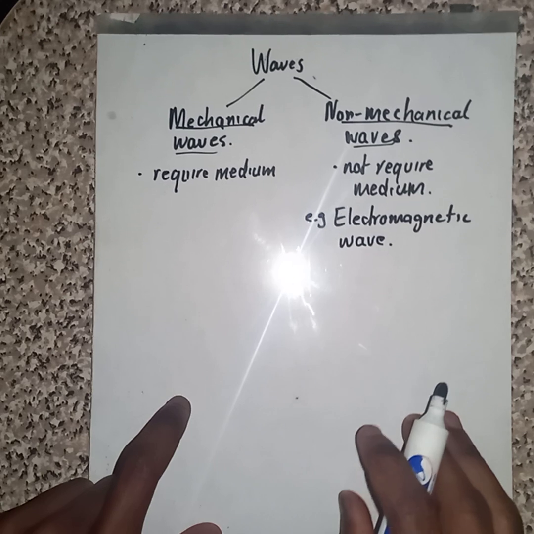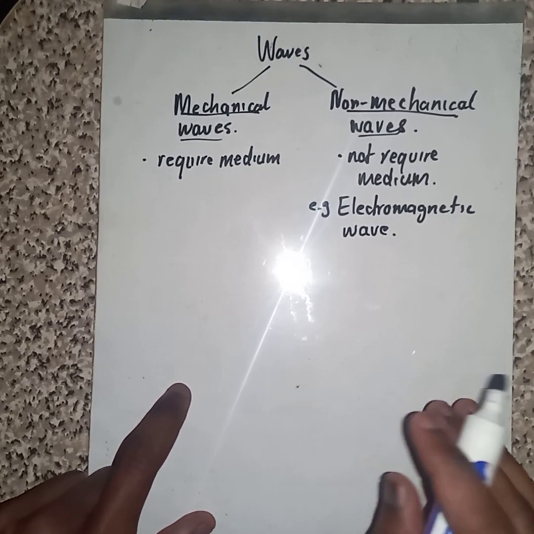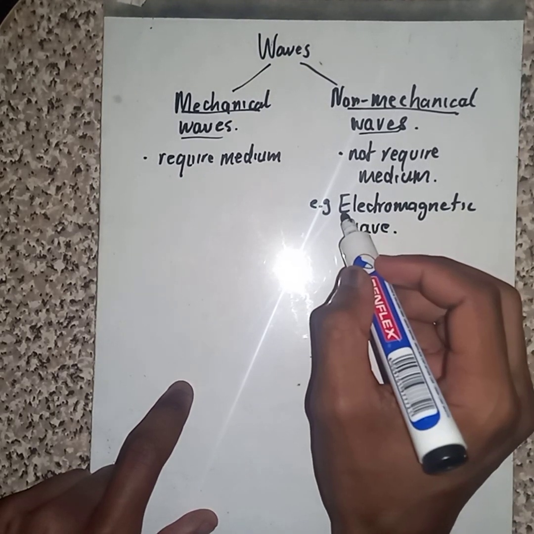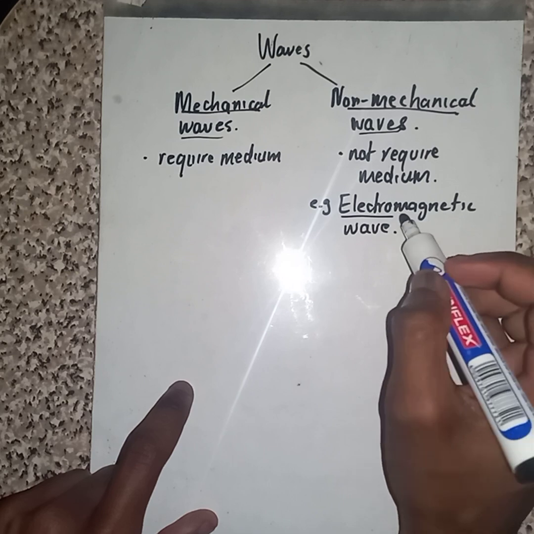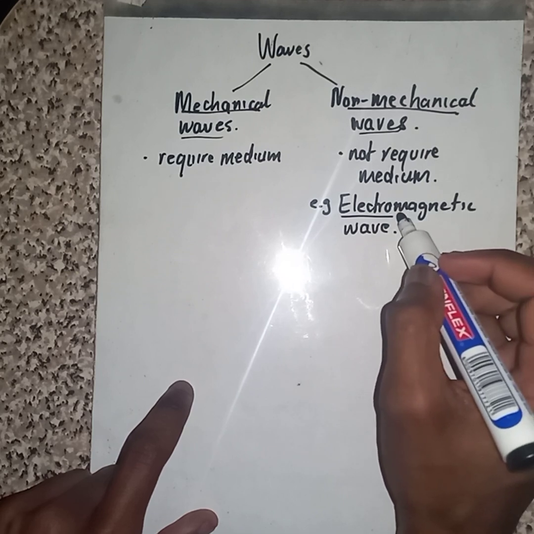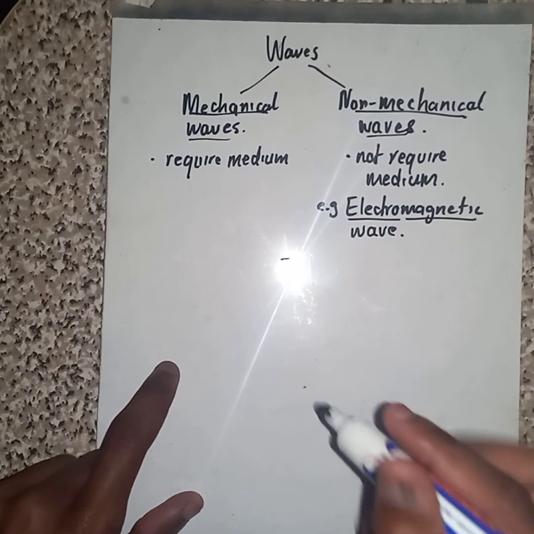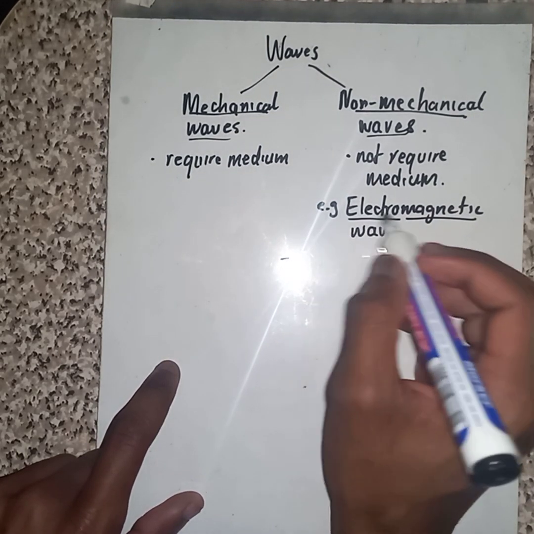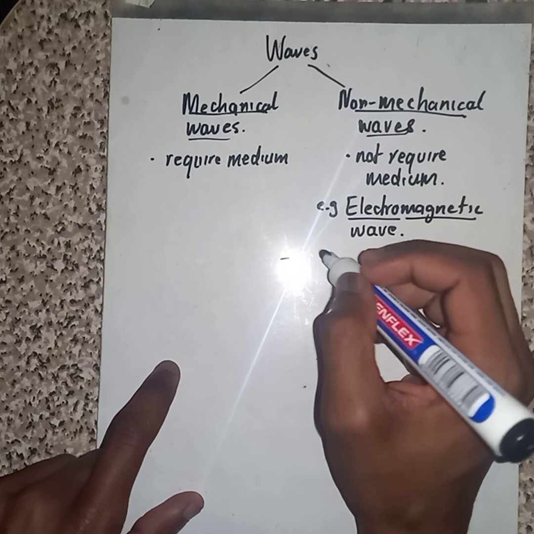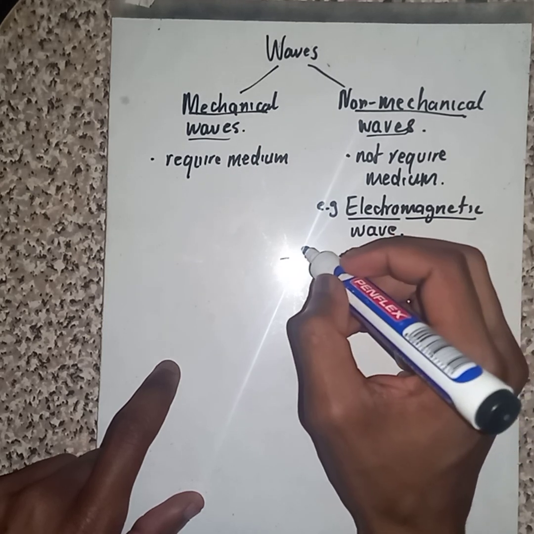Bear in mind that the word electromagnetic is made up of electro as well as magnetic. Then by definition, what are those? Electromagnetic waves, they are made up of what?